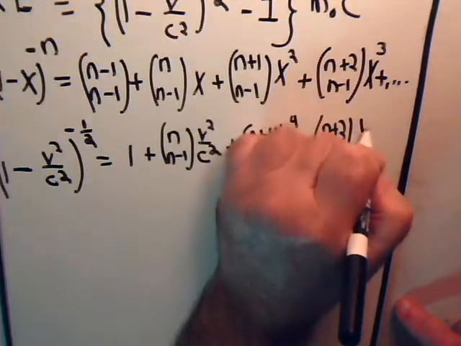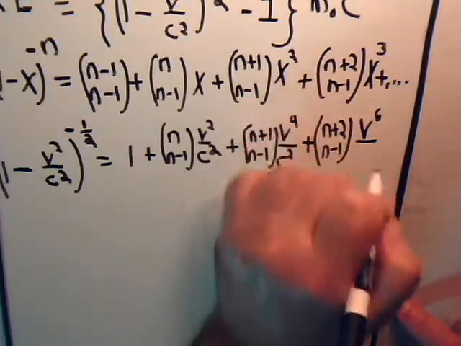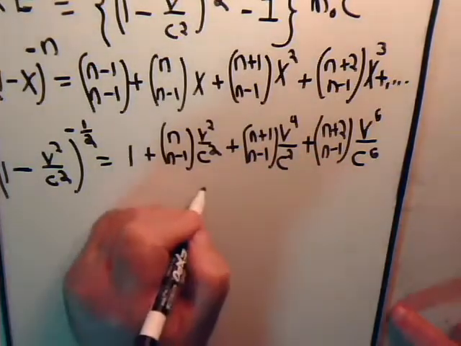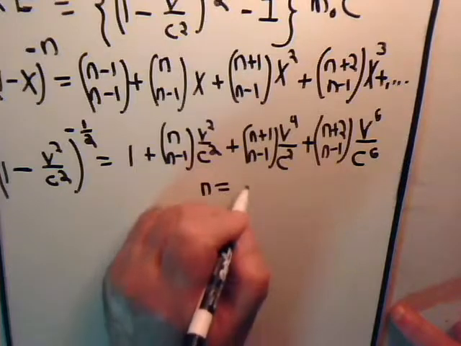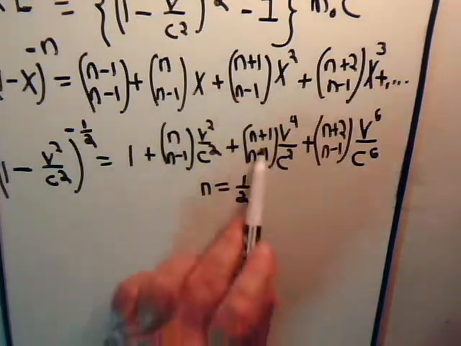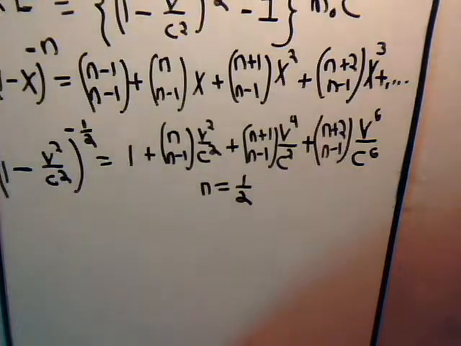That will be v to the 6th divided by c to the 6th. And remember, n equals 1/2. Before we plug the n in, let's go ahead and work with these 3 binomial coefficients.